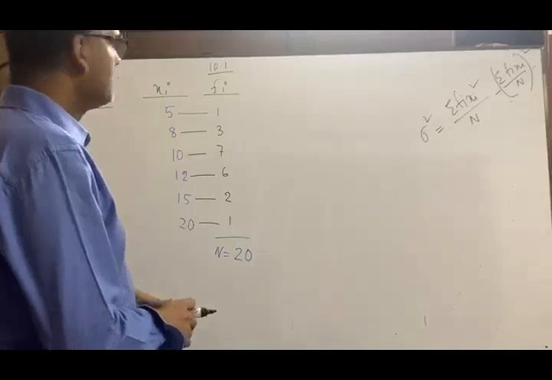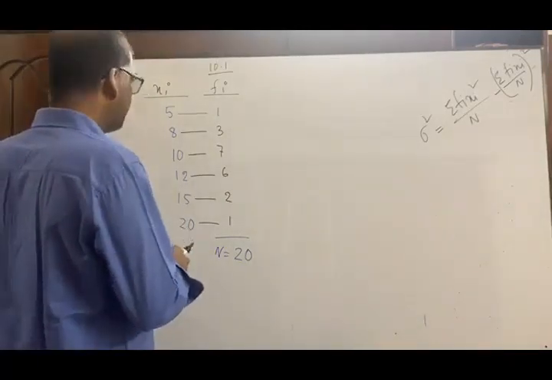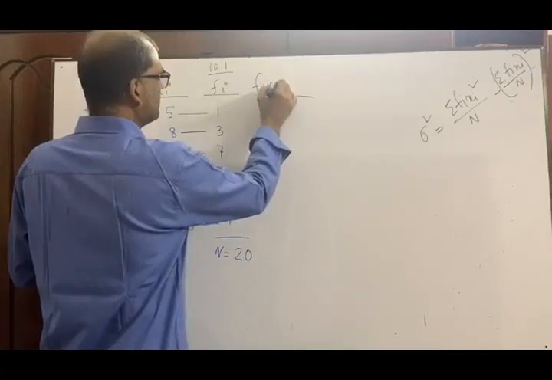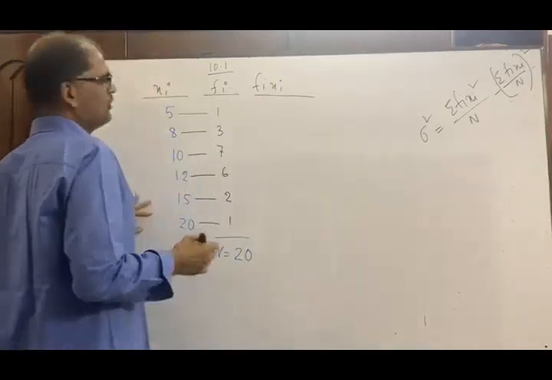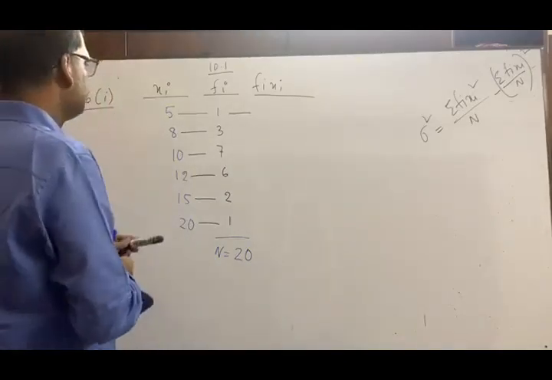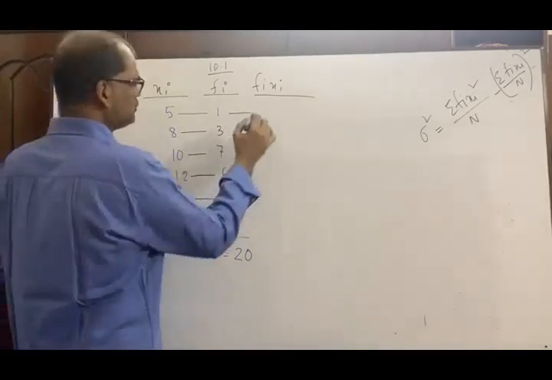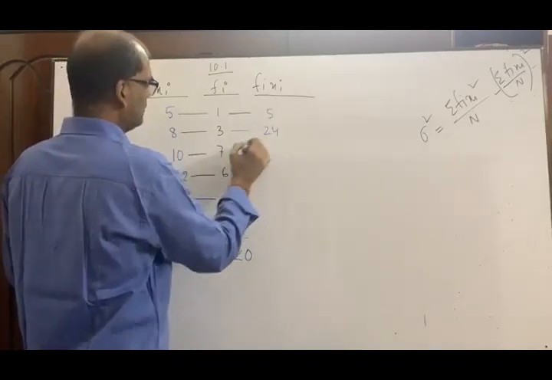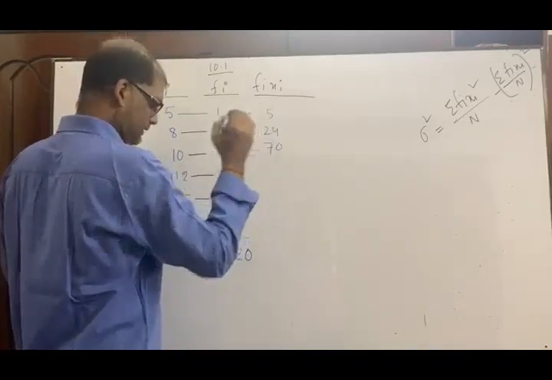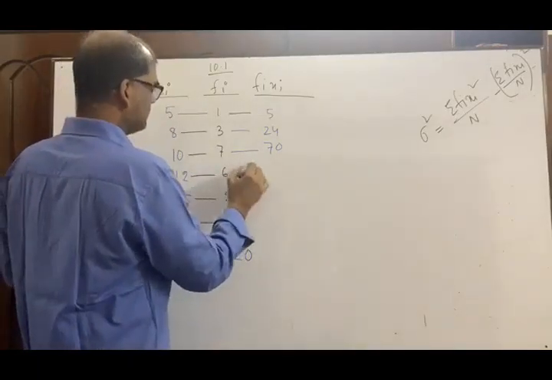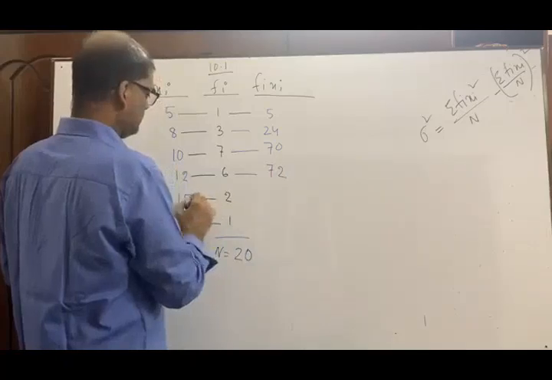Then it is what? fi xi. It's very easy. fi xi is 5 into 1, 5. 5, 8 is what? 24. This is 70, right? This is 70. And this is 72.